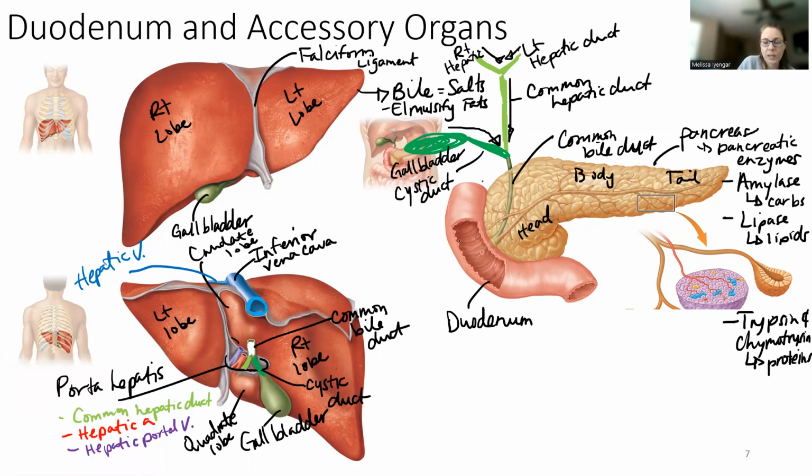And then you have your hepatopancreatic ampulla, which is about right here, which is basically where the common bile duct is going to meet this other duct. You see this other duct right there? This is the pancreatic duct, okay? The pancreatic duct has like two ducts, but we're just going to pay attention to the one pancreatic duct.